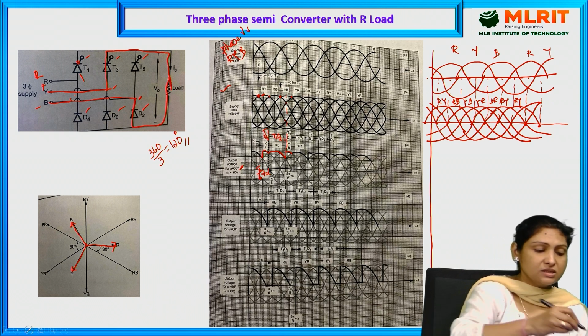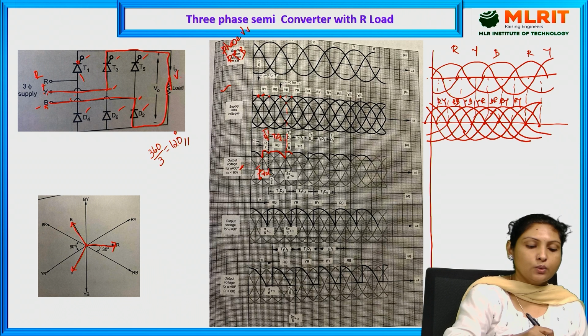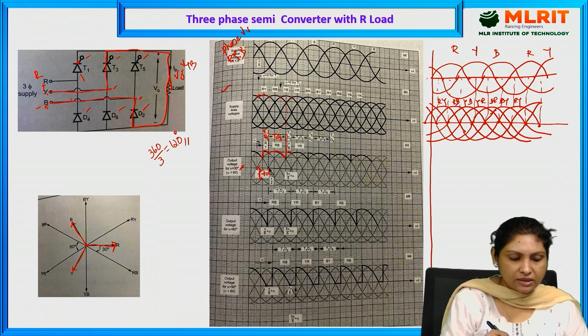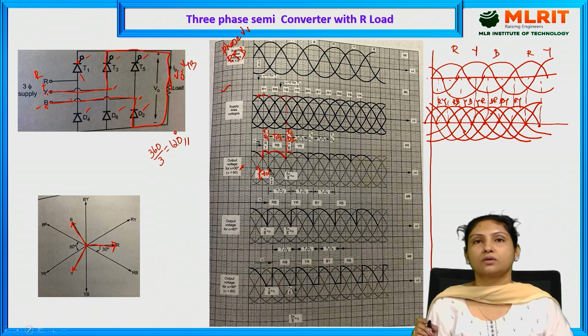So whatever line voltage YB we are applying will appear across the load. So V0 is now equal to VYB. Now YB is conducting, and because of which T3 and D2 are active.